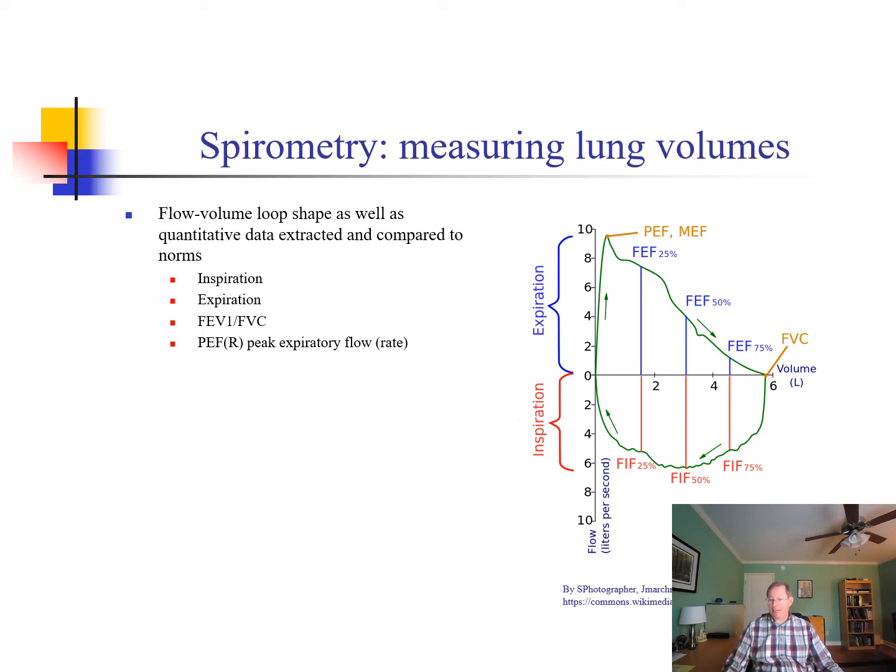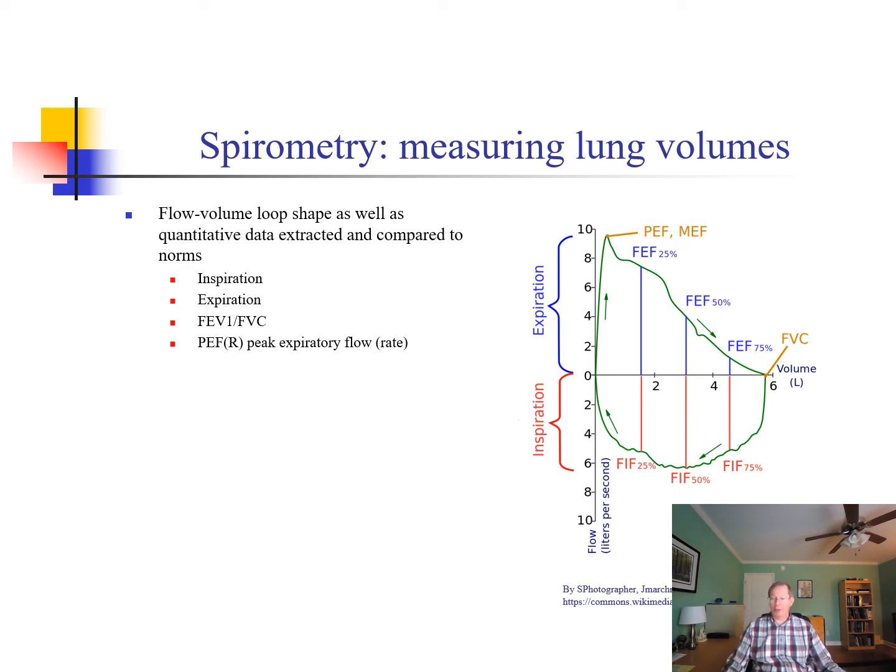I have many different ways that I can characterize these flow loop curves. I can look at the total volume, the forced vital capacity that we mentioned before. I can characterize the amount of forced expiratory volume in 1 second relative to this. I can do it at the 25th percentile, 50th percentile, 75th percentile. I can do other things like that.